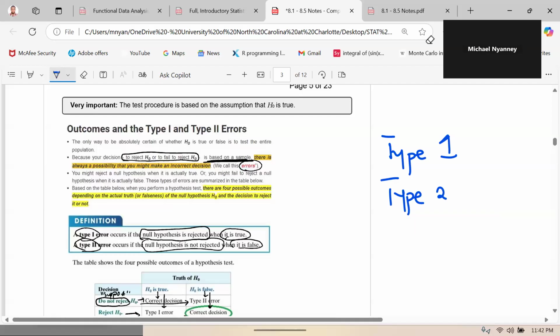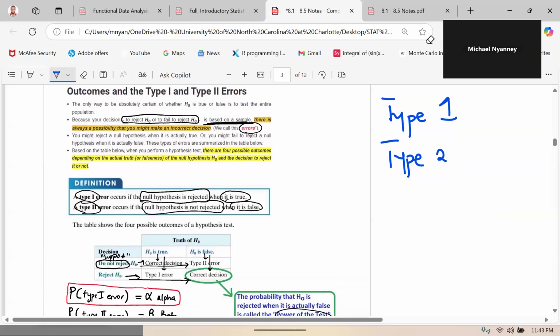So the type 1 error means that we think HA, but in reality, it should be H naught. And type 2 means that we think H naught, but in reality, it should be HA. Okay. So these are the explanations of the errors that we make in testing our hypothesis.